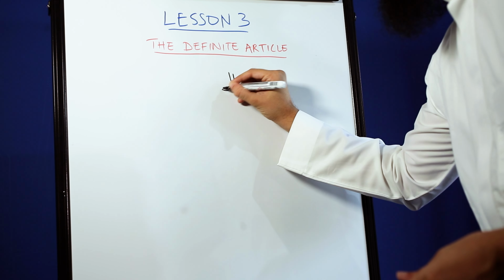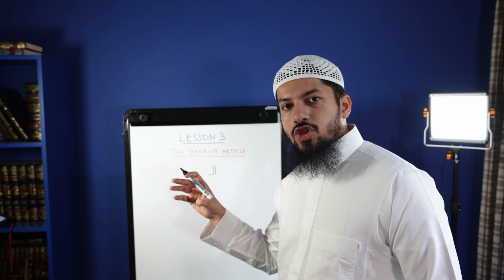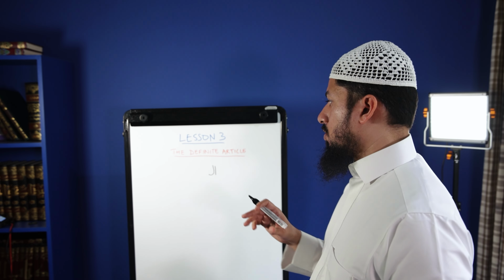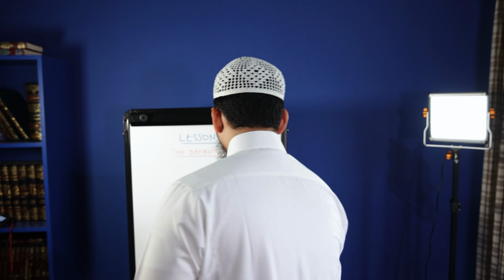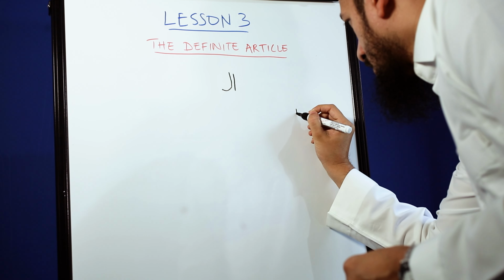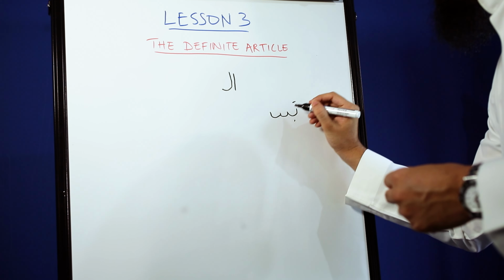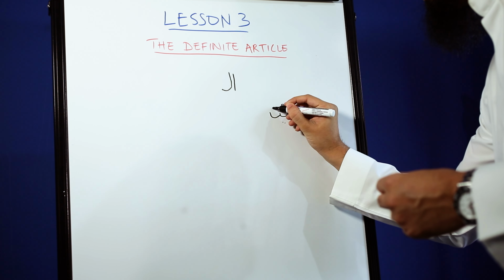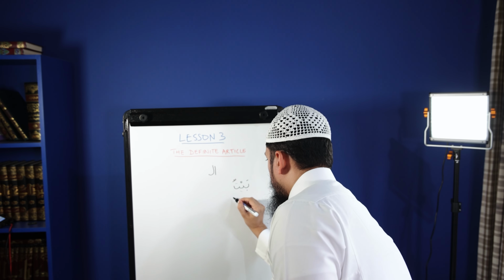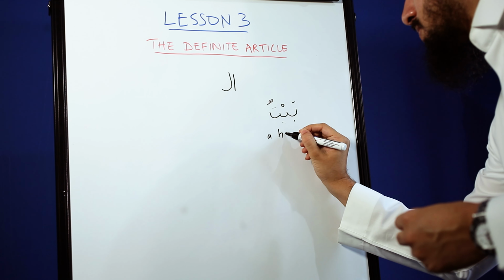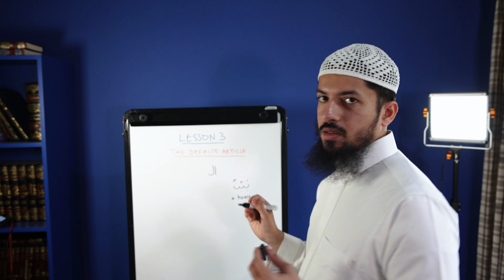So it is simply an alif and lam that is attached to the beginning of the word to make it definite. So we have the word baytun. Baytun means a house. Okay, this is indefinite.